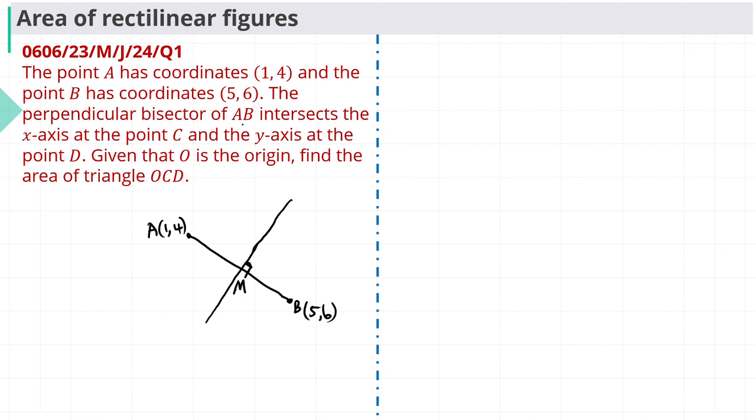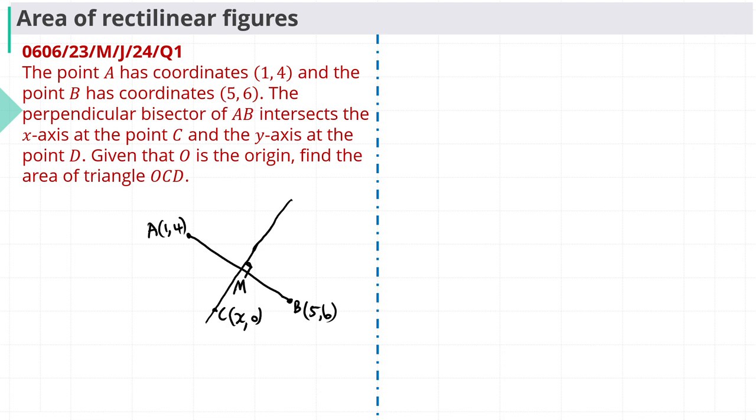The perpendicular bisector of AB intersects the x-axis at the point C. So there is a point C on this perpendicular bisector, and we learned that at the x-intercept, the y coordinate is 0.